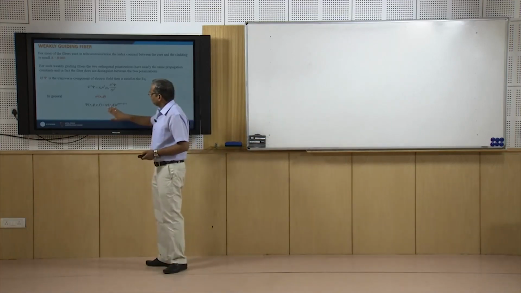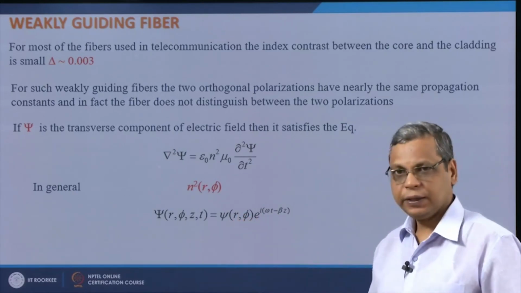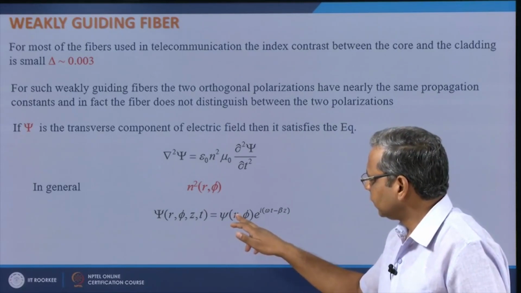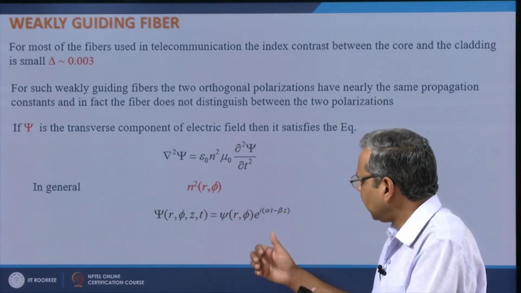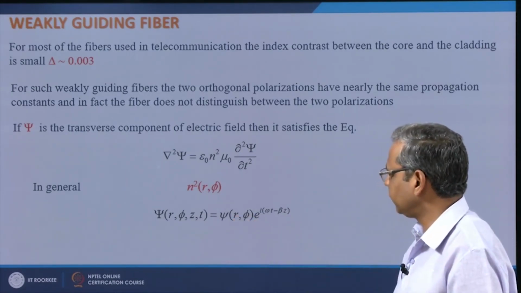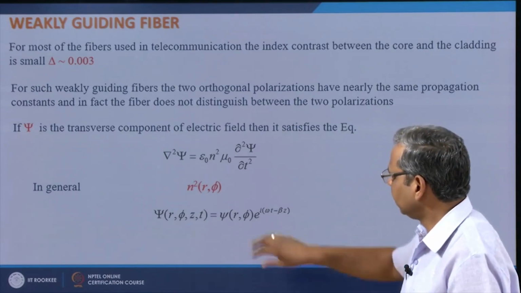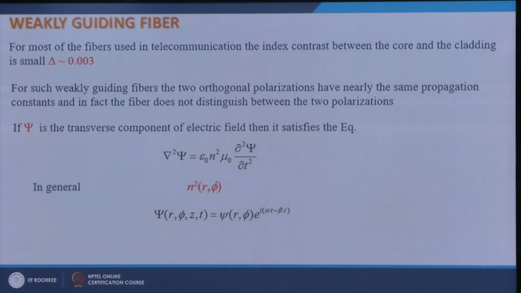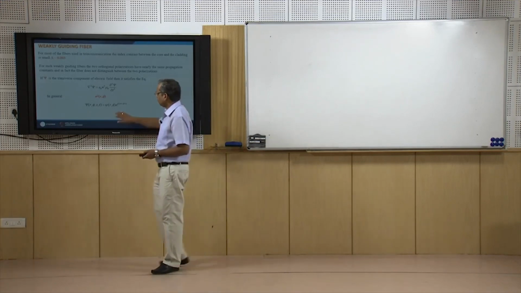So, now we want to find out this psi of r phi, this function, and see how it propagates. This function psi r phi represents the mode which travels with propagation constant beta. So, the problem reduces to finding this now.